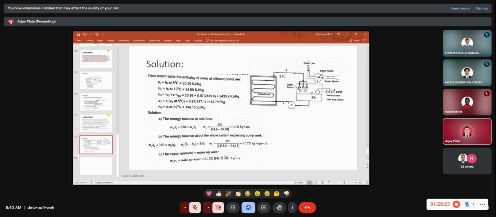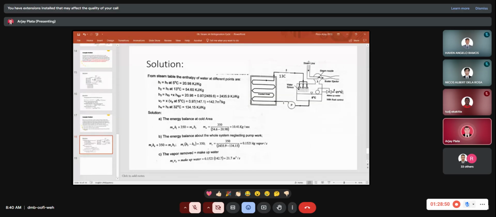So i-multiply lang natin, we'll just have to multiply it by the specific volume using our enthalpy table. So we have a steam table. So we have 142.7. So we can now get the 21.7 cubic meter of makeup water.